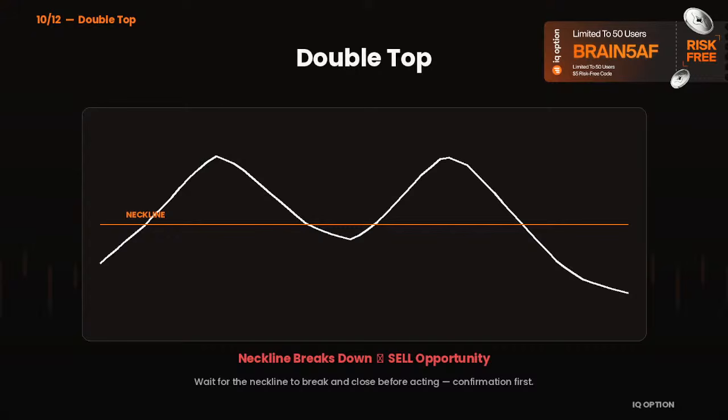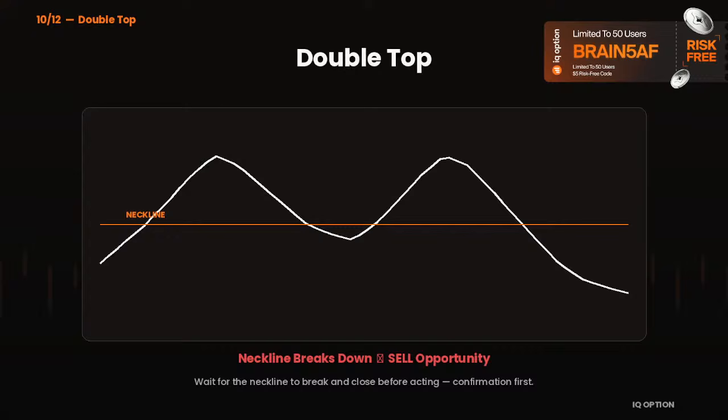But this time, at that same level, they fail once more. Just like they failed the first time, now they fail again at almost the exact same level, which tells you that buyers have run out of strength, or run out of gas, at that exact price, and that sellers are now firmly defending that position, which means the sellers are now in control and have more power at this point.